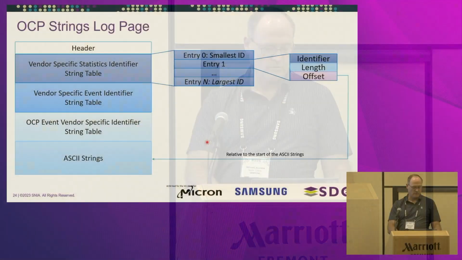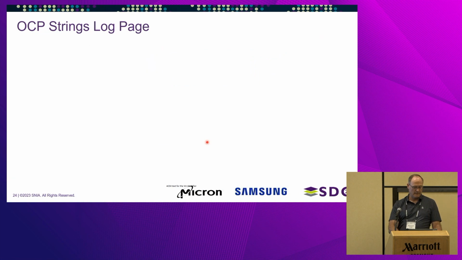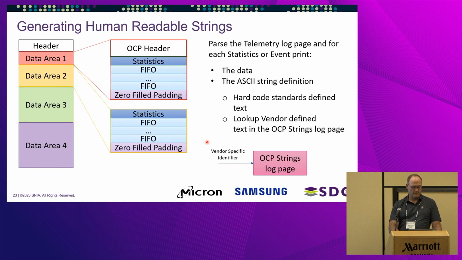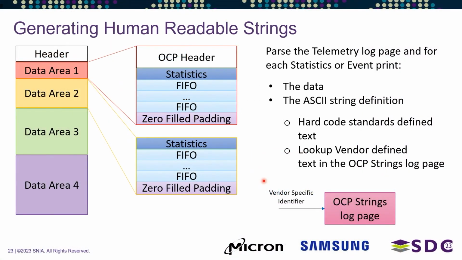Anything else? Yes? What's a little confusing is the device may want to save as much information as possible. Will the host restrict that? So let's go back. So like an SSD vendor, you want to save as much information as possible. Okay, so on the left, we have the NVMe defined telemetry log.